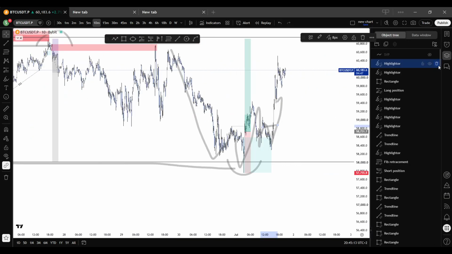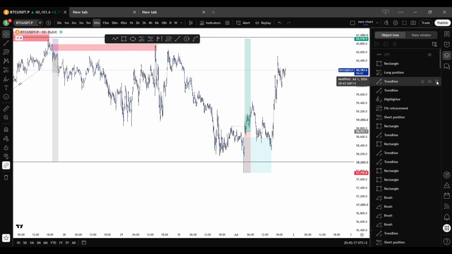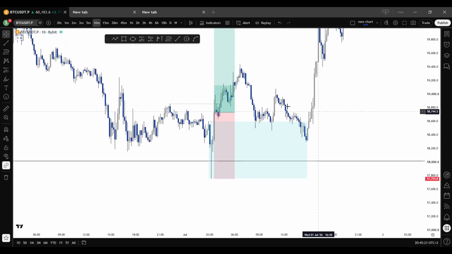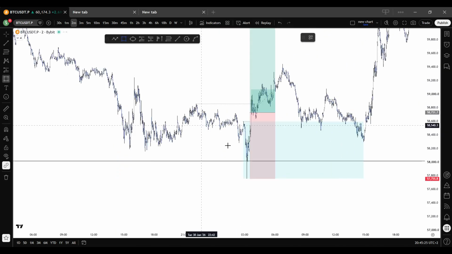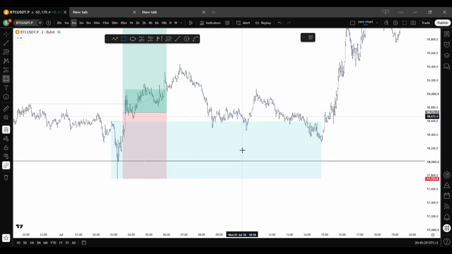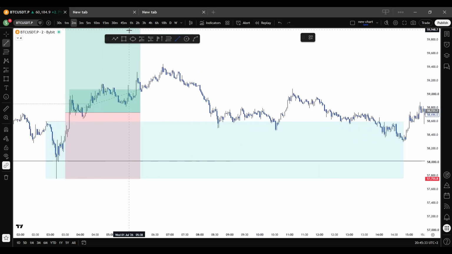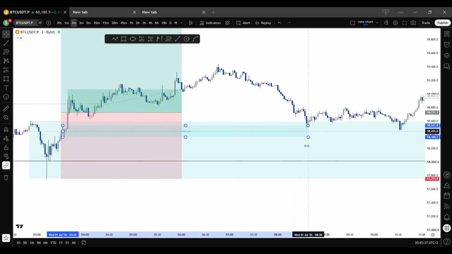I was looking for this demand around this low. Let me just clean this up. I was looking for this demand, and there was even a refined structure demand. It was around here.